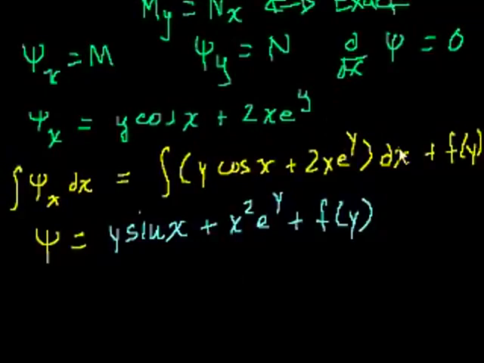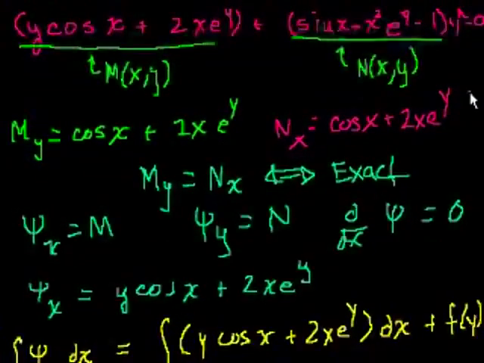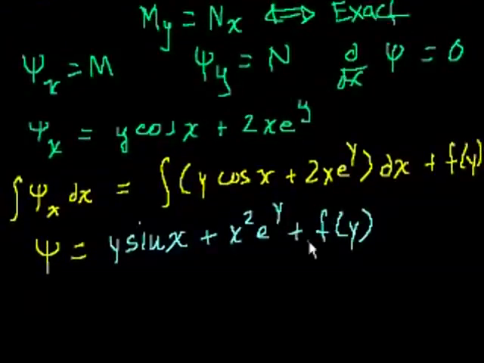And if you want to verify this is true, take the partial of this with respect to x. You're going to get this in here, which is our function m up here. And then when you take the partial of the last term with respect to x, you'll get 0 and it'll get lost.